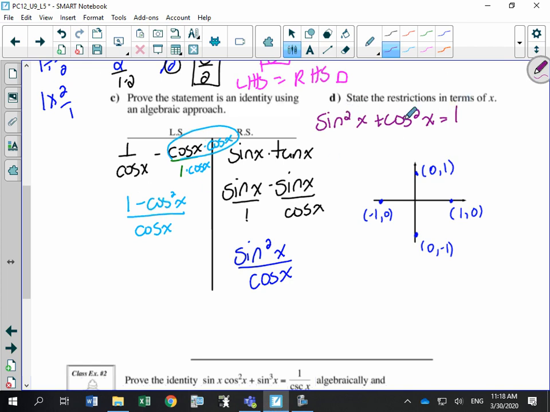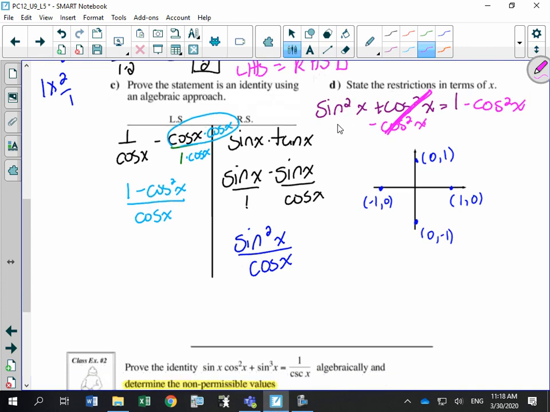Look at this identity and say to yourself, how did they get 1 minus cos squared of x? So here's my 1 on the right-hand side. If I subtract cos squared of x and subtract cos squared of x, now I have this 1 minus cos squared of x. And what is this equal to? 1 minus cos squared of x can be rewritten as sine squared of x.